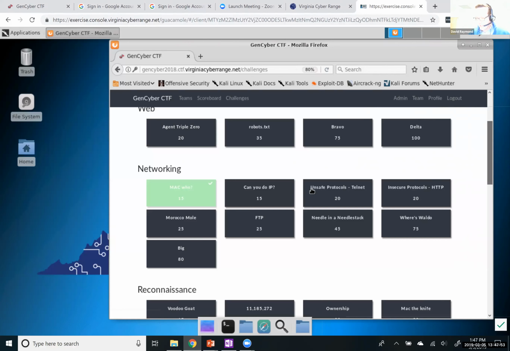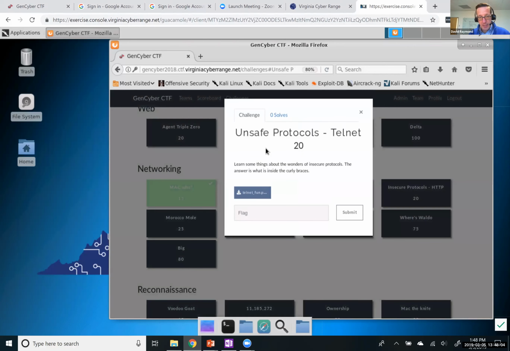All right, so another networking challenge. It's called Unsafe Protocols-Telnet. Telnet, okay. Learn some things about the wonders of insecure protocols. The answer is what is inside the curly braces.